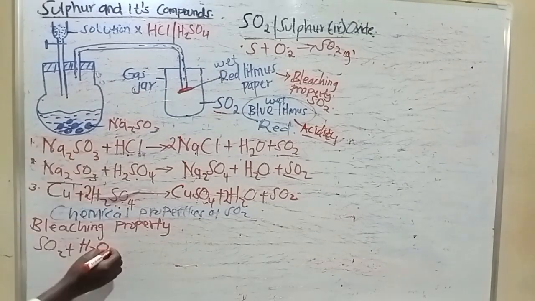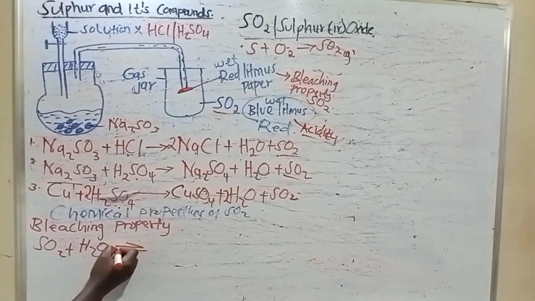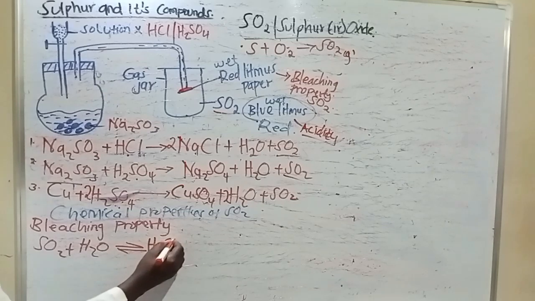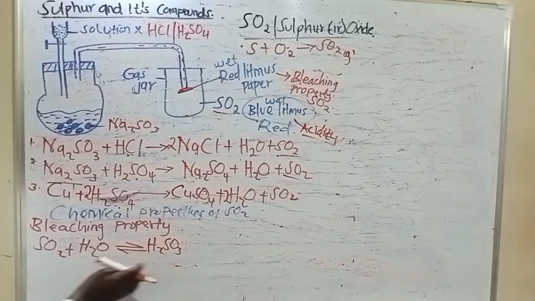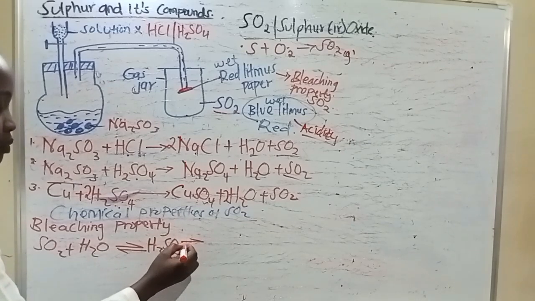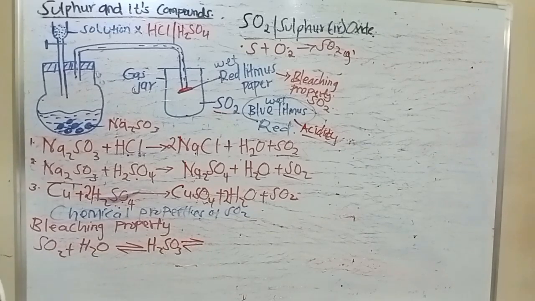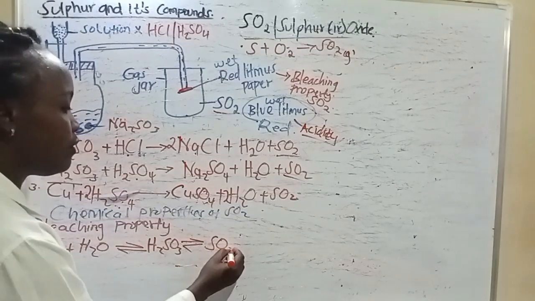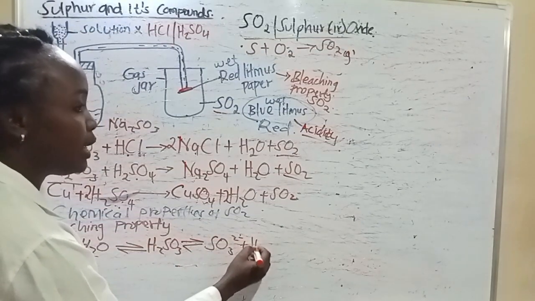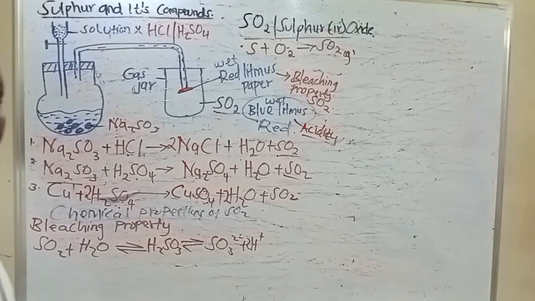So plus the water there, the bleaching property is going to be the sulfur 4 oxide reacting with water. The reaction is reversible to form sulfurous acid, which is H2SO3, which is going to further dissociate to form our sulfite ions plus hydrogen ions, okay?